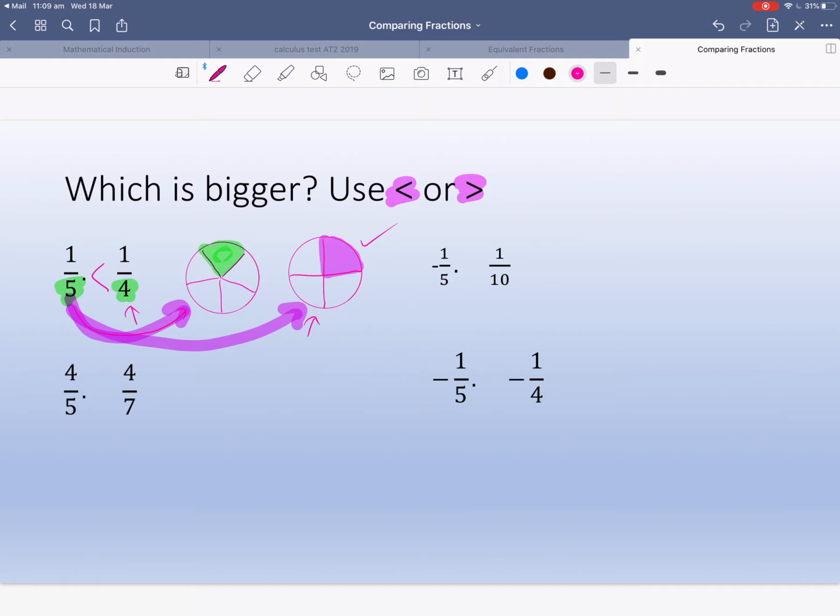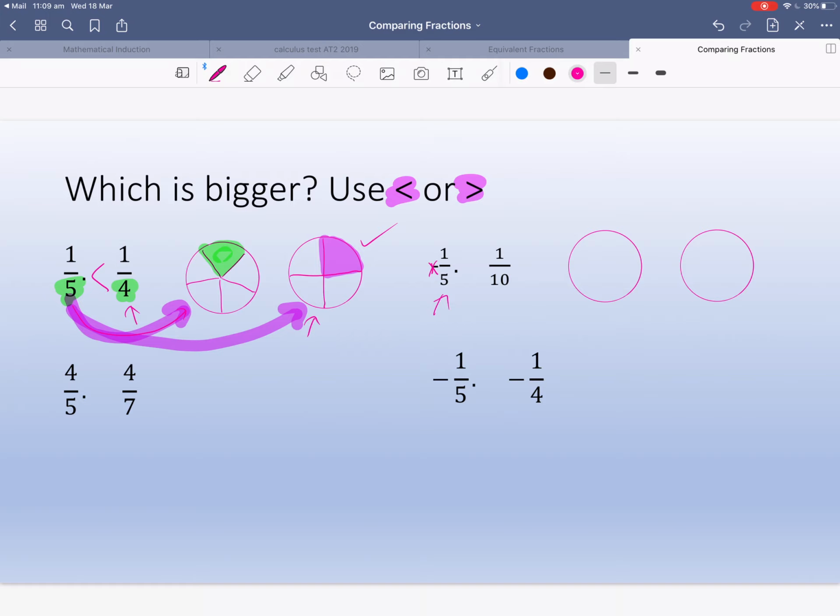So this next one, say I use my pizza slices again. How many pieces do I have to cut this one into? Actually, that one I've got negatives. I'm going to rub those out. Forget the negative for the moment. Let's just do 1/5.